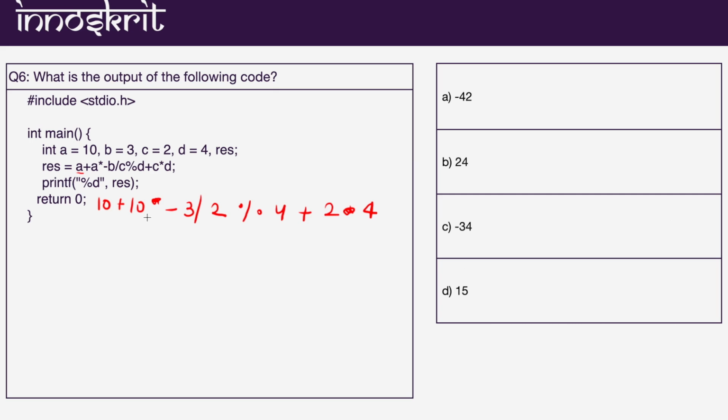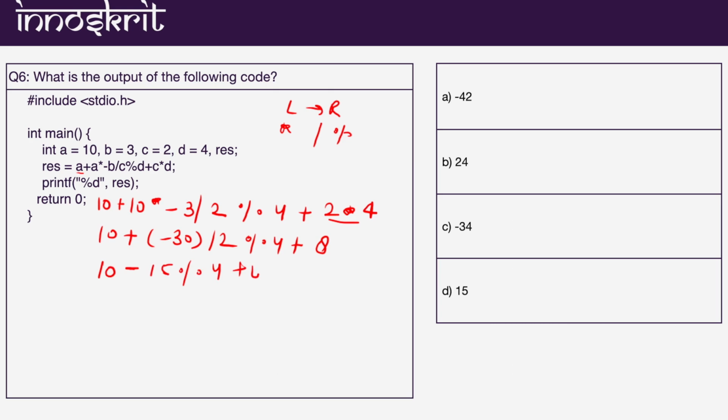First we'll calculate multiply, divide and modulo, and the associativity will be left to right. So 10 plus, it will give us 30 divided by 2 modulo 4 plus 2 into 4, that is 8. So 10 minus 15 modulo 4 plus 8.